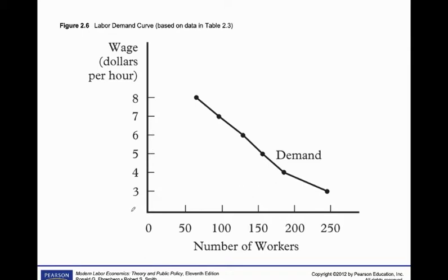When the wage rate is low at $3, the level of employment is at 320 workers as indicated here. And as the wage rate gets higher, let's say $8 per hour, the level of employment is now much lower at 70 workers. So this is what we call the labor demand curve.